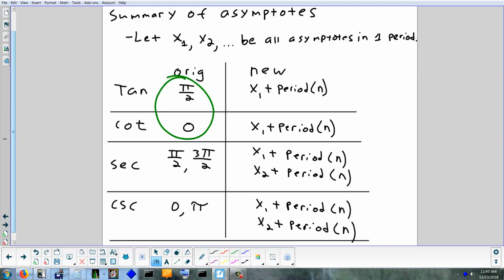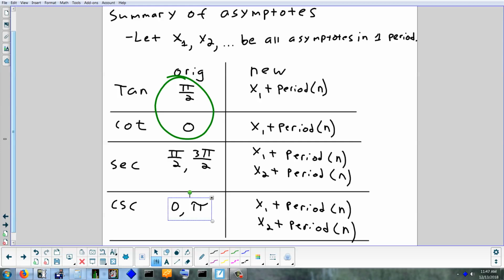What's the first time sine hits 0? It starts at 0. What's the next time it hits 0? Halfway through the cycle at pi. Okay, so what's on the left? Those are your starting points. What's on the right is how you would find the new asymptotes.